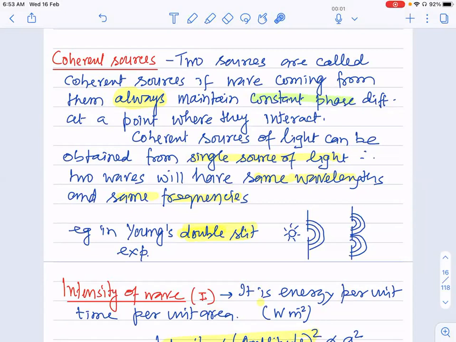Otherwise we cannot compare. The wave coming from here and this wave coming from there, there is no use of saying both have the same phase. One is here, but when they are meeting, at that point we can say what the phase difference between them is. Whatever it is, it is not changing with respect to time. Only when they meet can we say what the phase difference is.